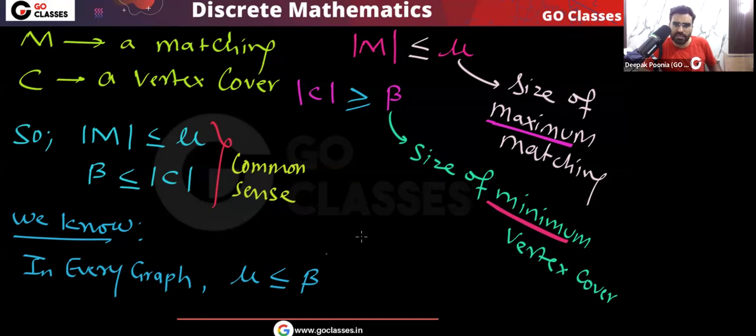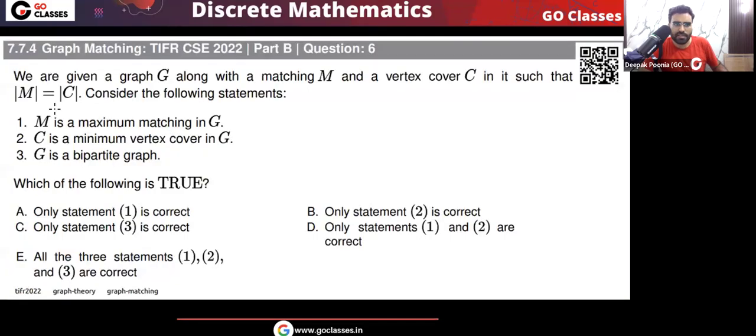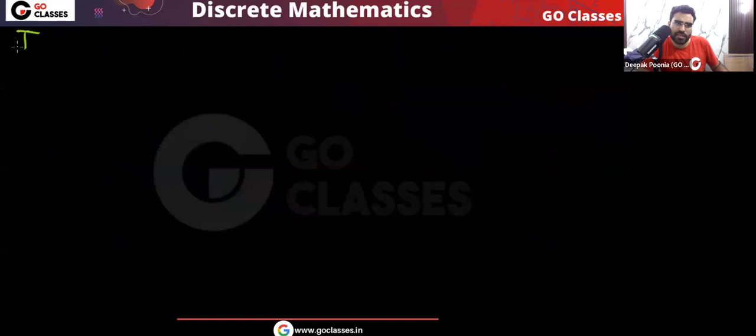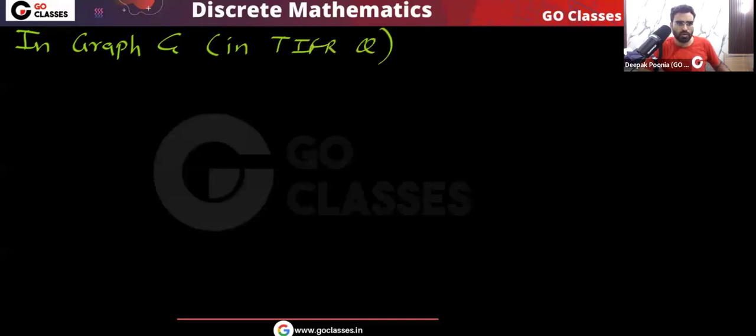And in the graph G, in the TIFR question, what is happening? It is given that the size of M is equal to the size of C. This is given to you.